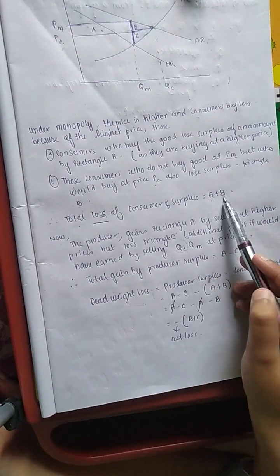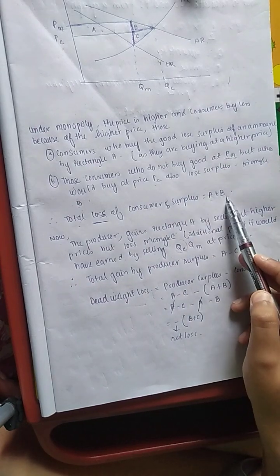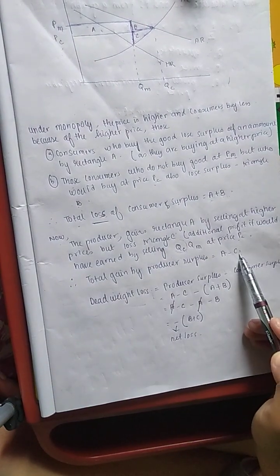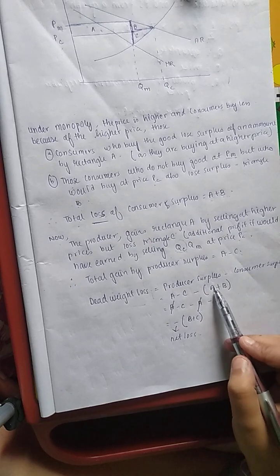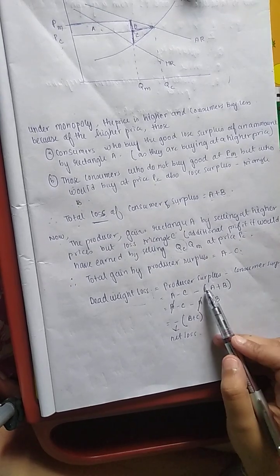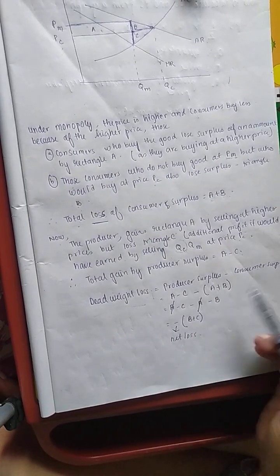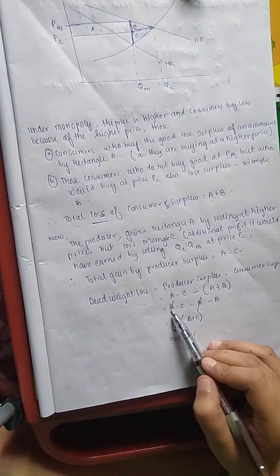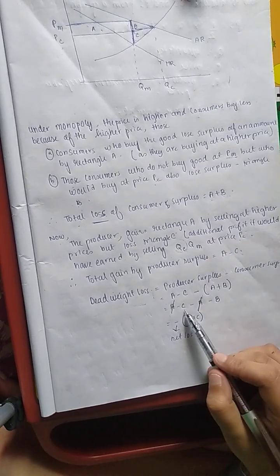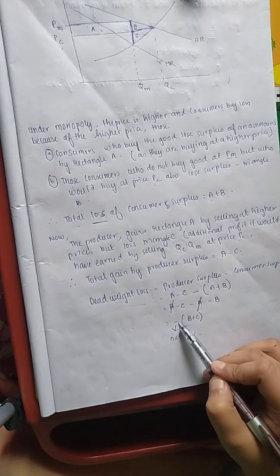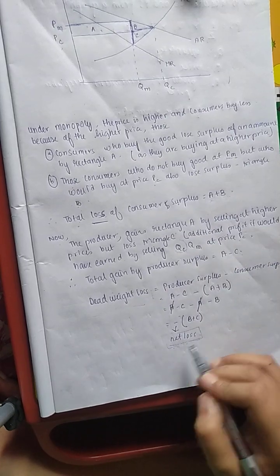The loss of consumer surplus is A plus B, and the gain by the producer surplus is A minus C. So we simply subtract: A minus C minus the bracket A plus B. Removing the brackets, we multiply the minus with each plus term, so A minus C minus A minus B. The A terms cancel and we are left with minus B minus C. The minus indicates a net loss.